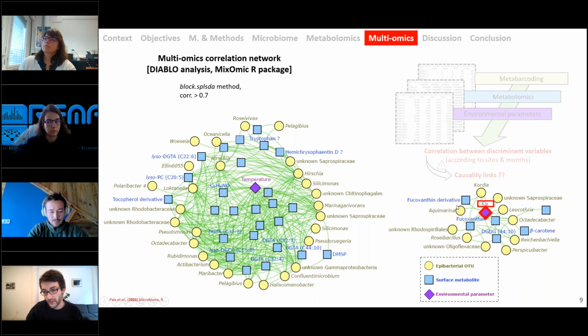In the second cluster on the right, we can see this time the copper. And with the copper, we can see some associations with our photopigments, like the fucoxanthin, the beta-carotene, and a derivative of the fucoxanthin. We also find the taxa Rosebacillus, which is also known to produce antioxidants against this type of stress.